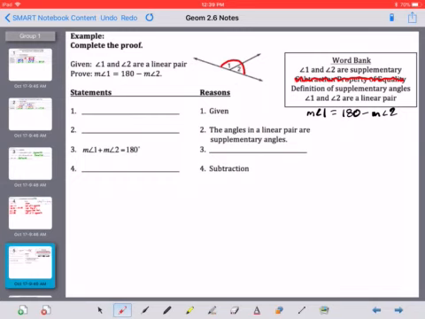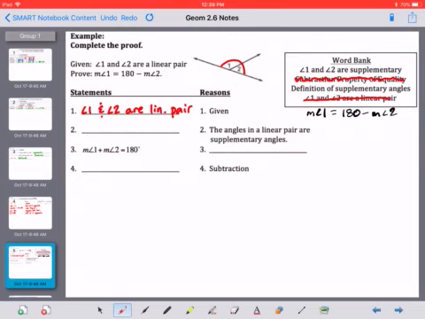Well, our first reason is the given, so all we have to do is copy the given. Angle 1 and angle 2 are a linear pair. So let's go ahead and cross that out in our word bank. All right, so our next reason says the angles in a linear pair are supplementary angles.